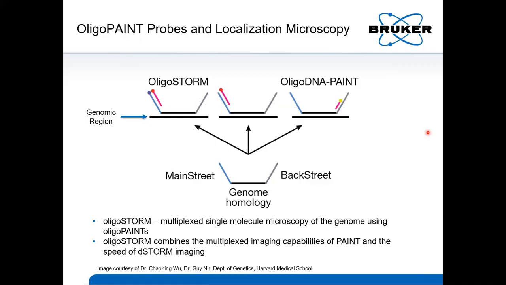Special probes made of DNA sequences that complement a genomic region can be designed to label specific genes. These probes also bear a region for binding the fluorophore-labeled DNA strands that serve as imaging probes. The regions can bind longer DNA sequences for use in oligoSTORM imaging and shorter DNA sequences for oligo DNA-PAINT.